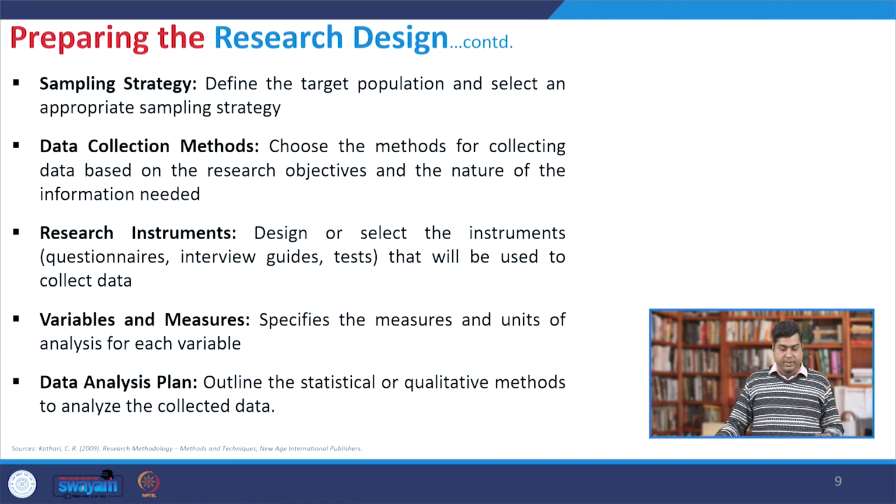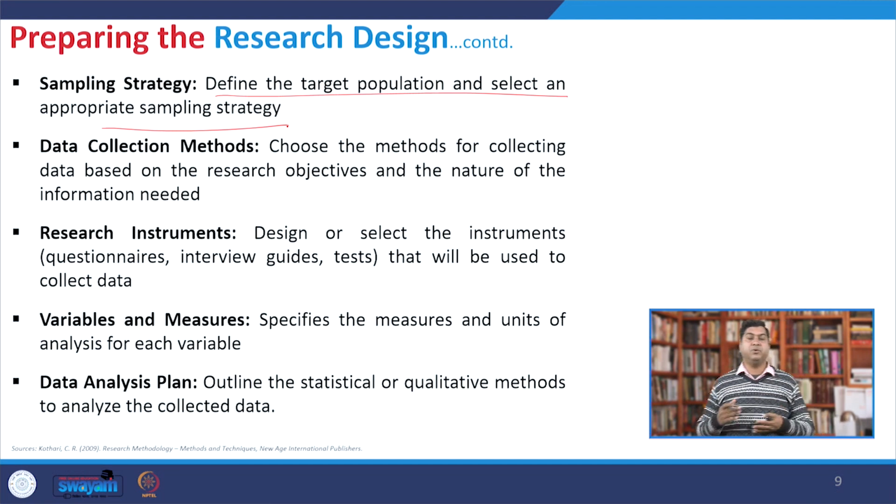Next, the sampling strategy that you are going to identify. What is the target population, and what kind of sampling can suit you better? Suppose you want to do a mass-scale perception study and you want to deploy some kind of probabilistic sampling like random sampling, so you pick any population randomly which is representative of the population.